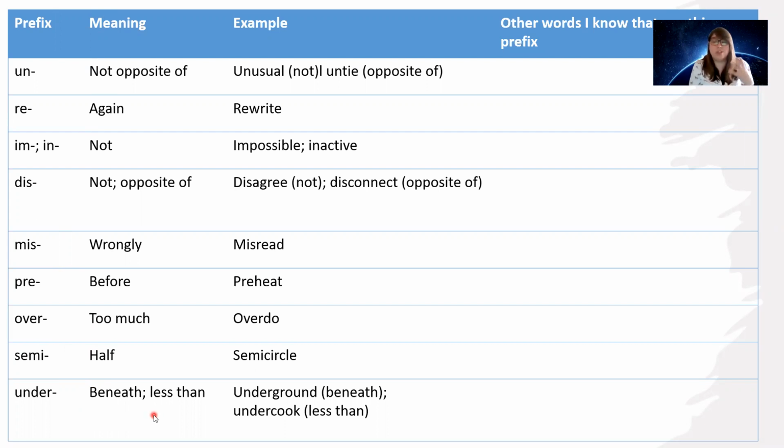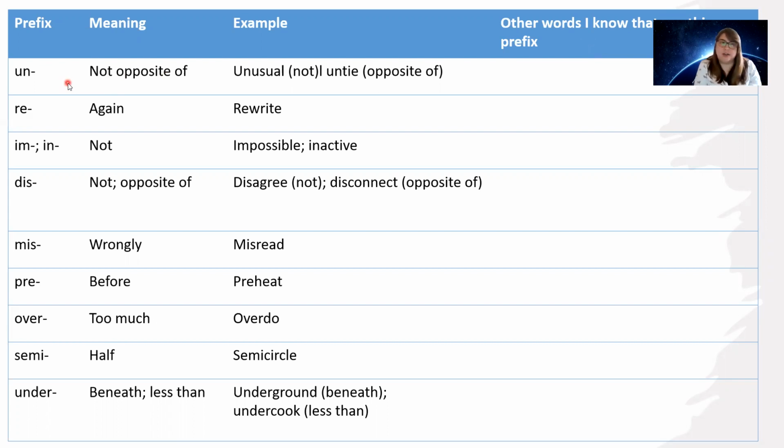So these are things that we have to commit to memory. So what I've got is the prefix itself, what that prefix means, an example of the prefix, and then I want you to take some time and think about other words that you know. So before I go ahead and give you some more examples, I want you to pause the video here and think about what other words you know that have these prefixes.